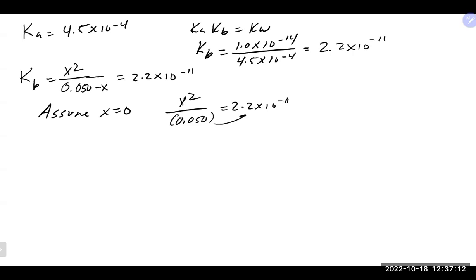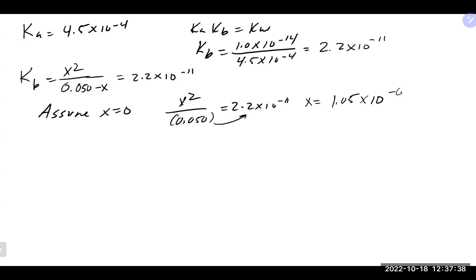Once again, we're going to multiply to the other side and also take the square root of it. And when we do that and take the square root, we end up with an x value that is equal to 1.05 times 10 to the minus 6, if I counted that right.